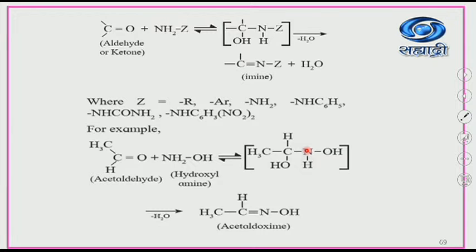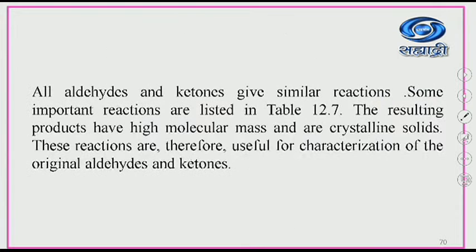Please make a correction in your textbook for this example and this reaction only. After elimination of the water molecule, you will get CH3CH, C double bond N bond OH, that is acetaldoxime.